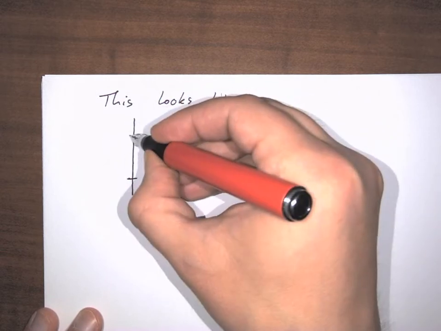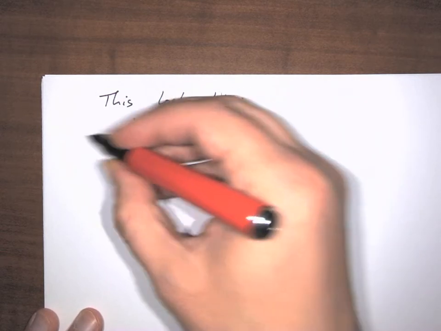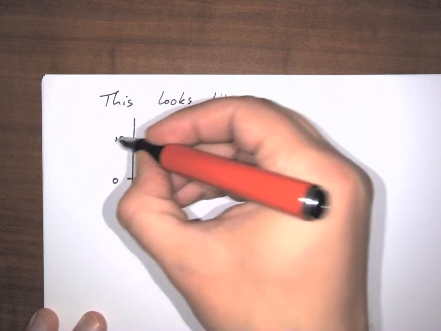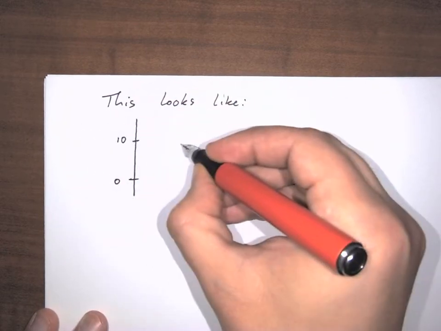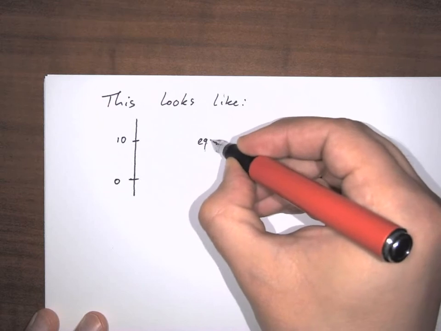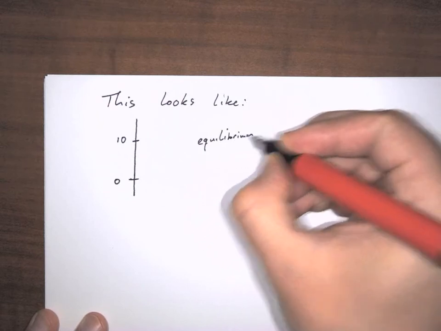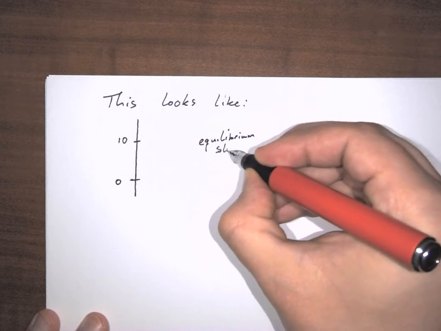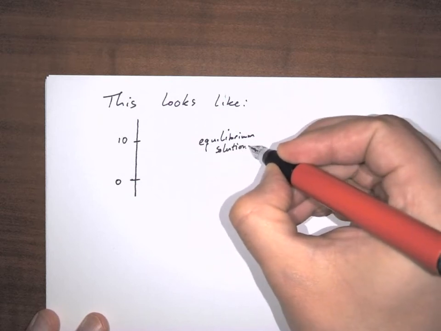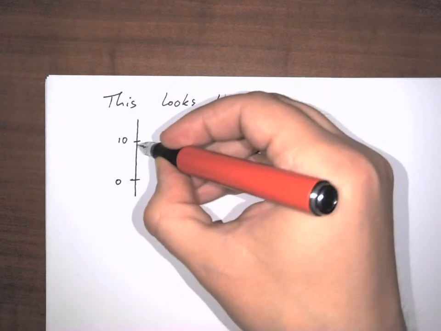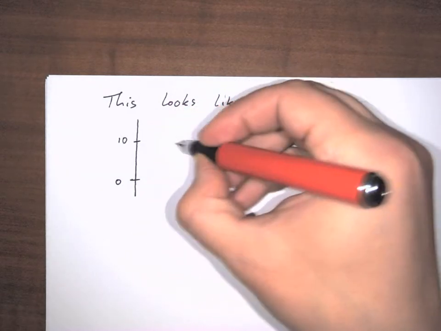But you could say something like this, where you have a value, let's say 0, you have a value of 10. So these would be the equilibrium solutions. In other words, the constant values of 10 and 0.